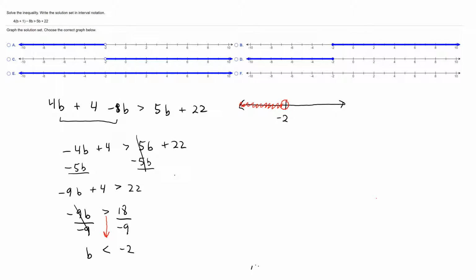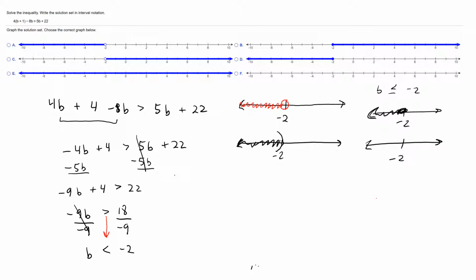Also, sometimes instead of an open circle, some books will shade to the left and put a parenthesis instead. So a parenthesis or open circle indicates the same thing, that the number is not included in the solution set. If it was a less than or equal to symbol, with the equals underneath, then our graph would be a closed circle, or instead of a closed circle, we would use a bracket.